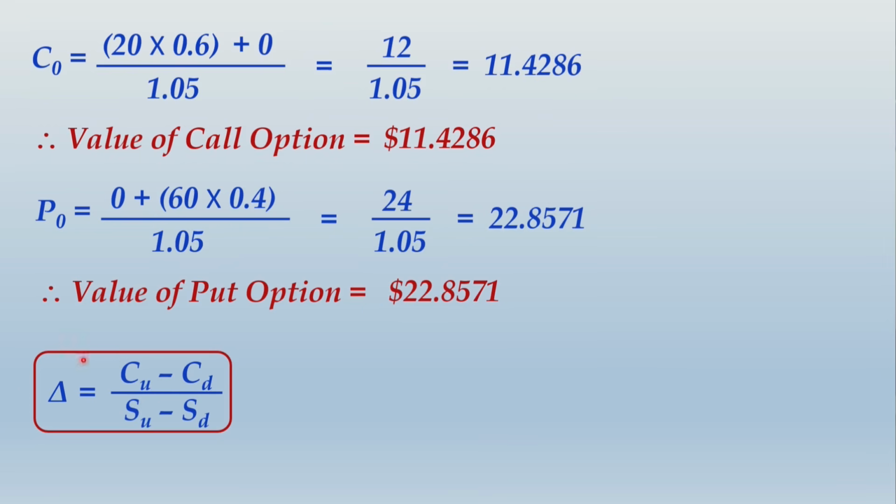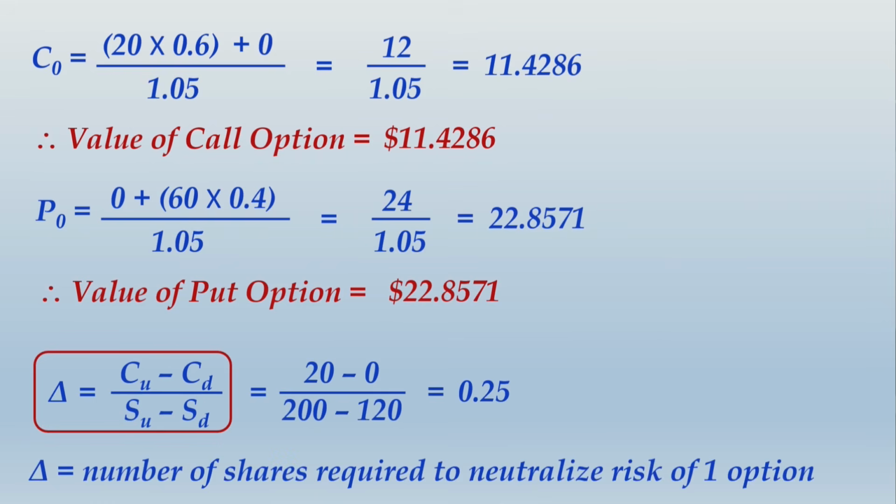So the computation of delta will be 20 minus 0 divided by 200 minus 120, that will be 20 divided by 80, which gives you 0.25. So 0.25 is the call delta that indicates the number of shares required to neutralize the risk of one option. Now recollect from your earlier learning what is the meaning of this line, and if you are not able to recollect, definitely I'll help you understand that once again.